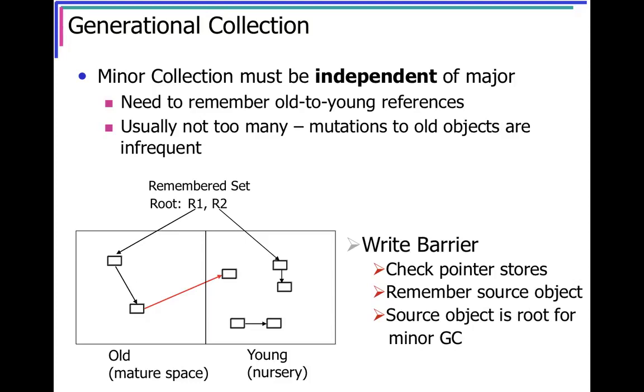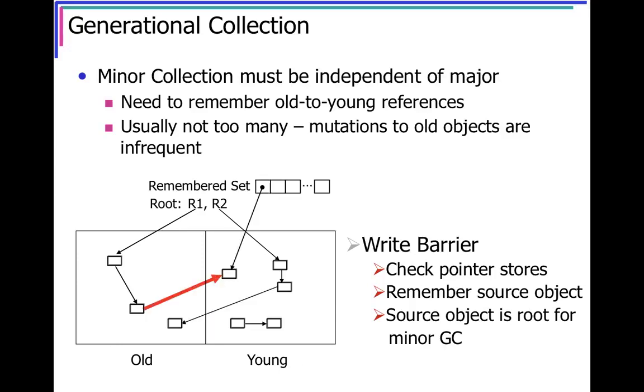Then we need to remember this edge between the old and the young. We can remember the source object, or we can remember the address itself. It doesn't matter, but what we need to do is add these remembered objects to what's called a remembered set, and this remembered set is going to become part of our roots.